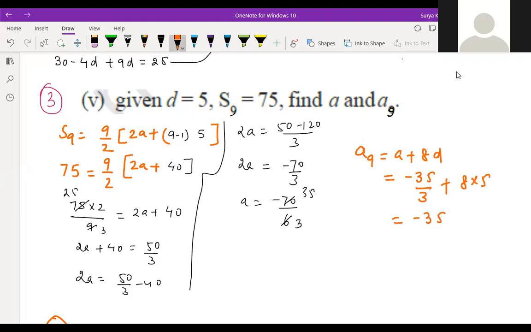So minus 35 plus 40, divided by 3. So minus 35 plus 120 divided by 3. So what do you get? Minus 85 by 3. Is this the sum? Are you getting minus 85 by 3 only? All of you are getting the answer, children, or not?